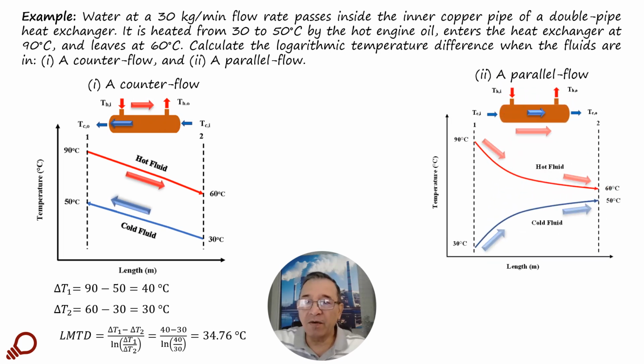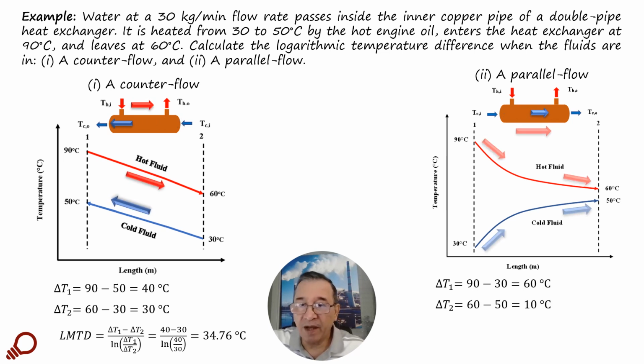Similarly, if we consider the parallel flow, at the first end we may calculate delta T1 equal to 90 minus 30, and then the result will be 60 Celsius. And delta T2 at the other end will be 60 minus 50, which equals 10 degrees Celsius.